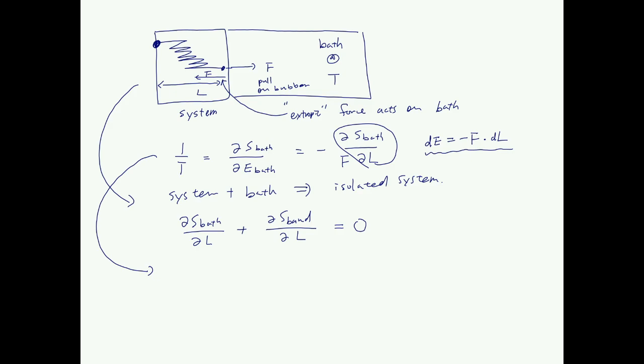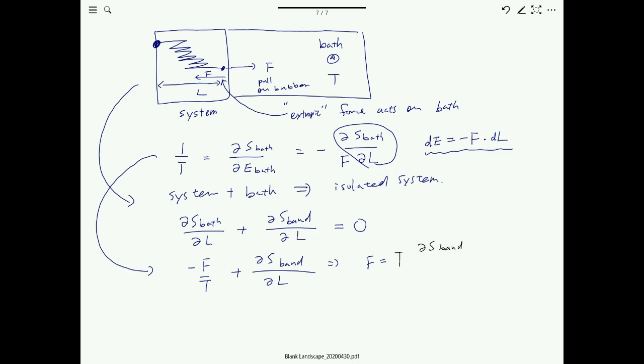Now I can relate that to the partial derivative of S of your rubber band with respect to L. That means I have a formula for F, which is the temperature multiplied by partial S over partial L. So that's our desired result.